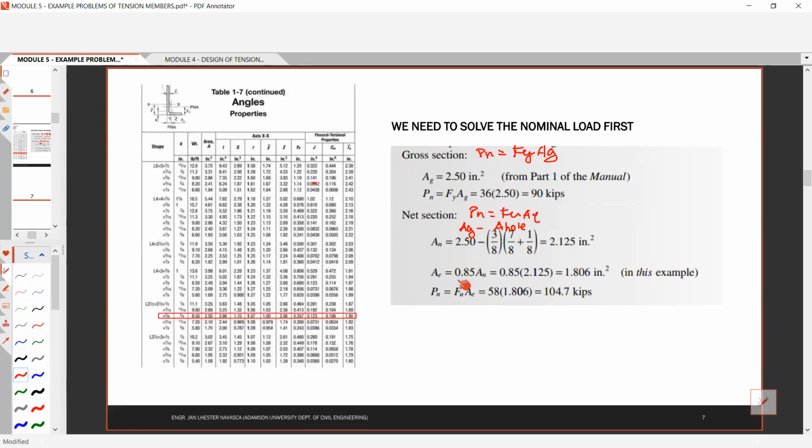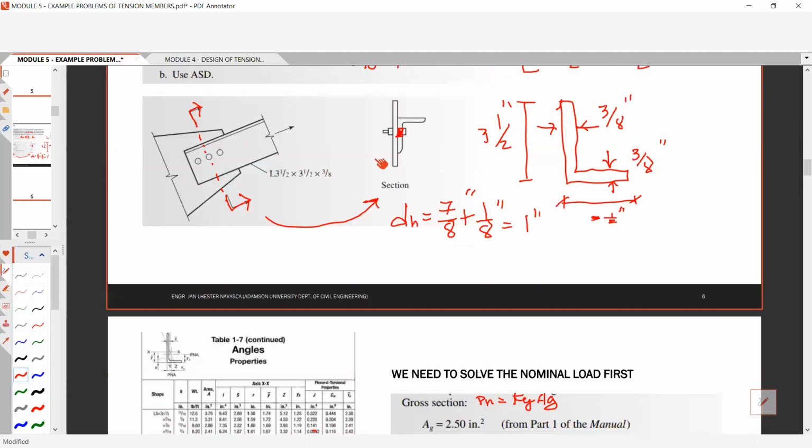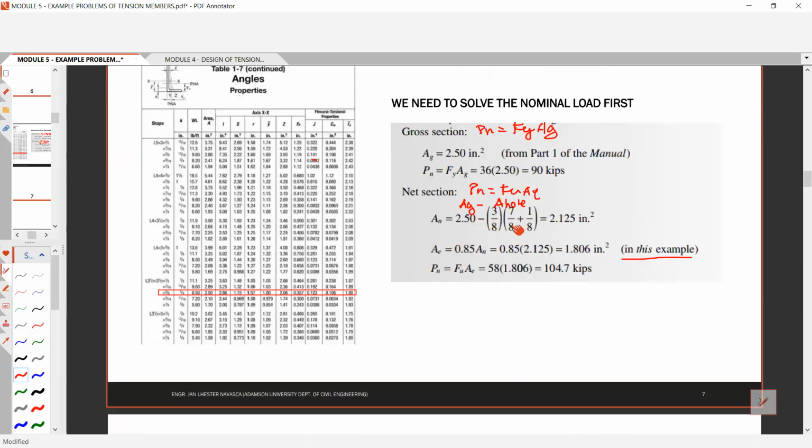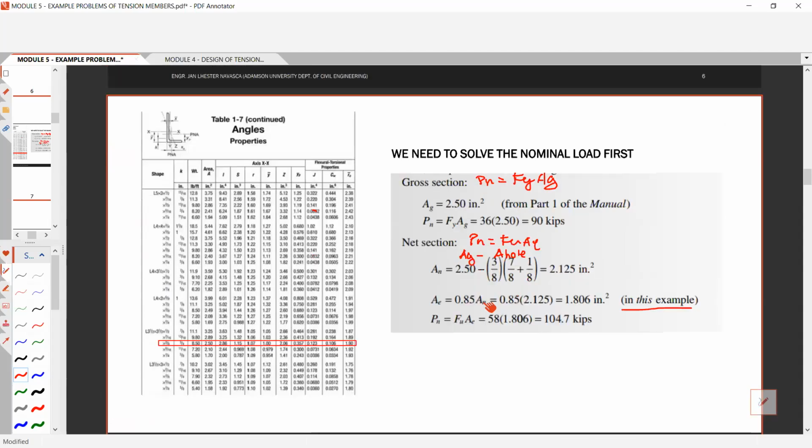Since our Ae is 0.85 An, we multiply our An by 0.85, and we get 1.806 square inches. Take note, we are just assuming 85% An. This is only for this example, so don't use 0.85 for all your connections. This is only the assumption.